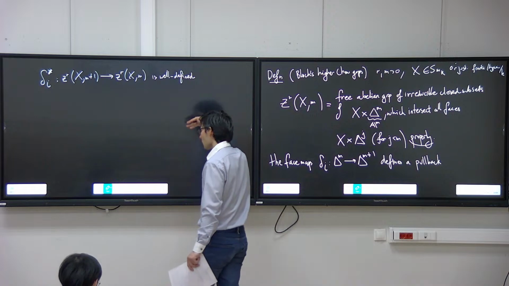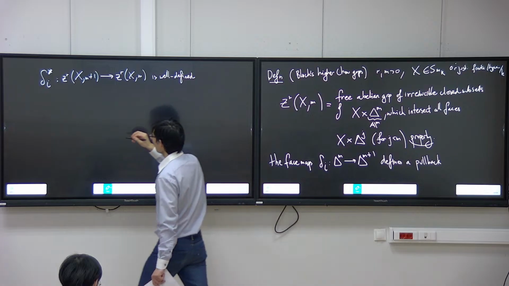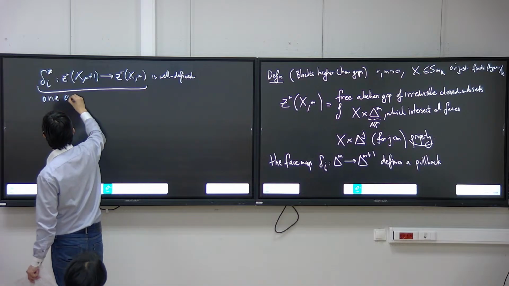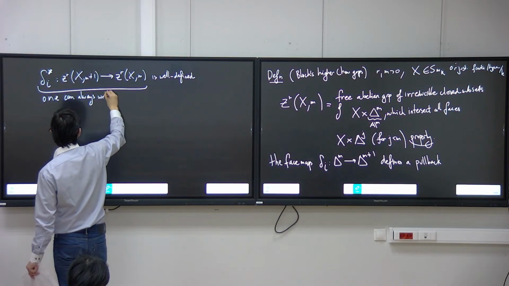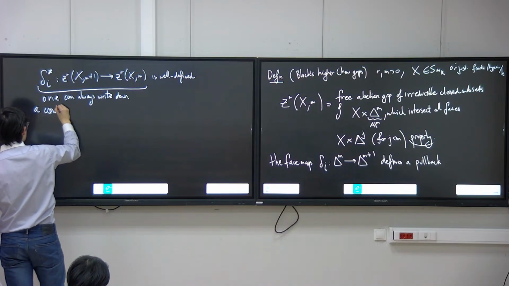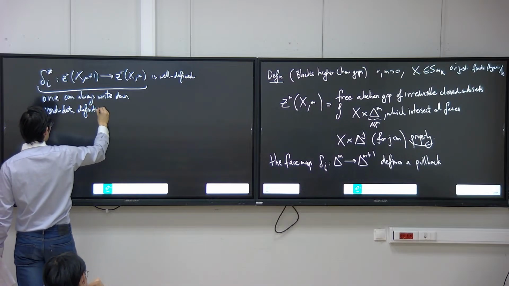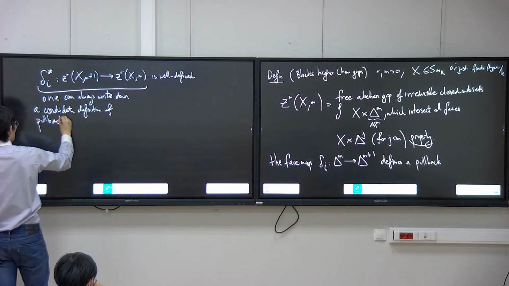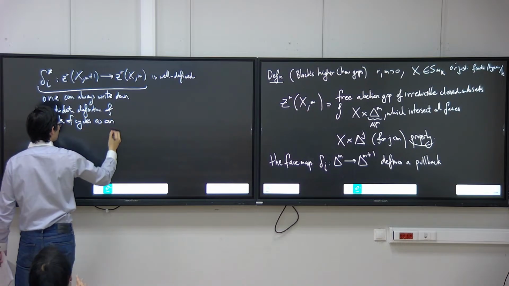In some very early lectures, I mentioned in an exercise that one can always write down a candidate definition of pullback of cycles as an intersection product.